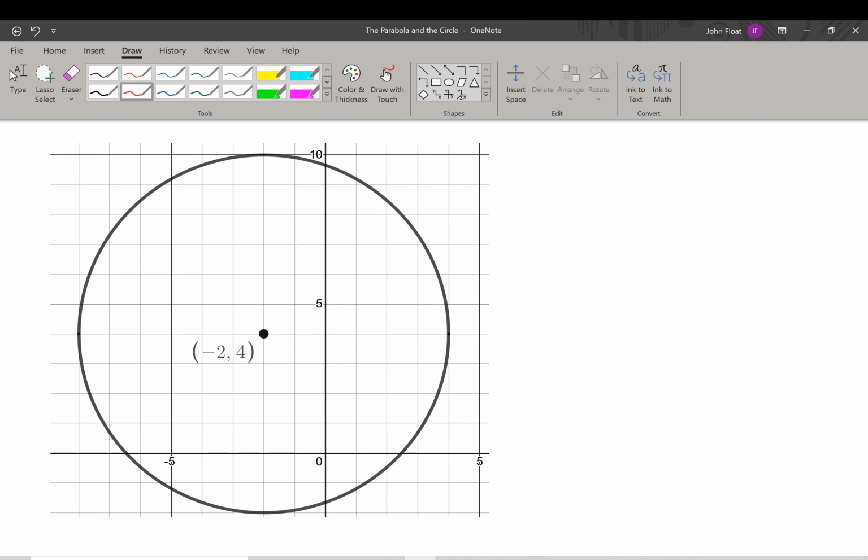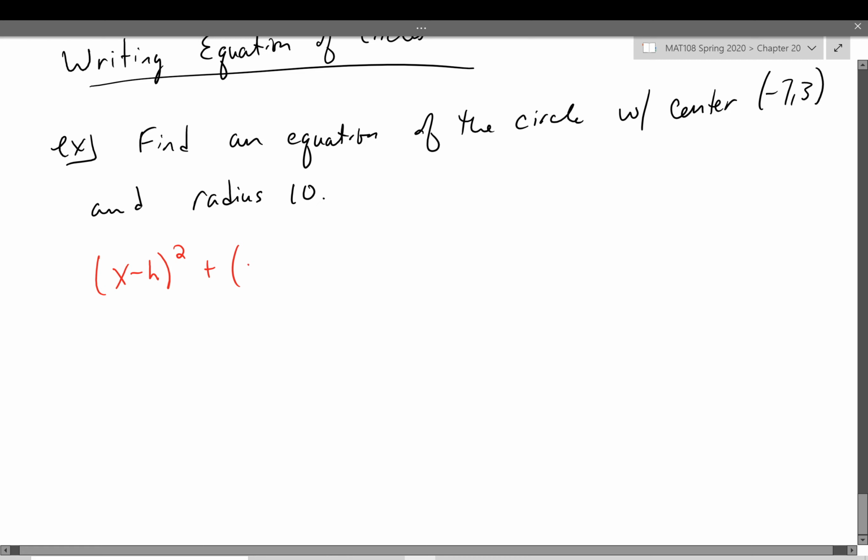10. Okay? So if you haven't noticed so far, everything falls back to this, the standard form of a circle. Everything's going to fall back here. So here's what we know.